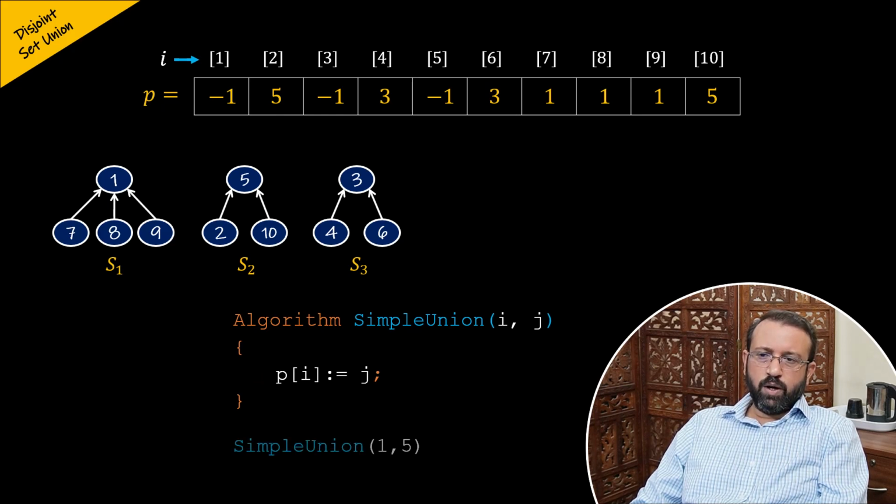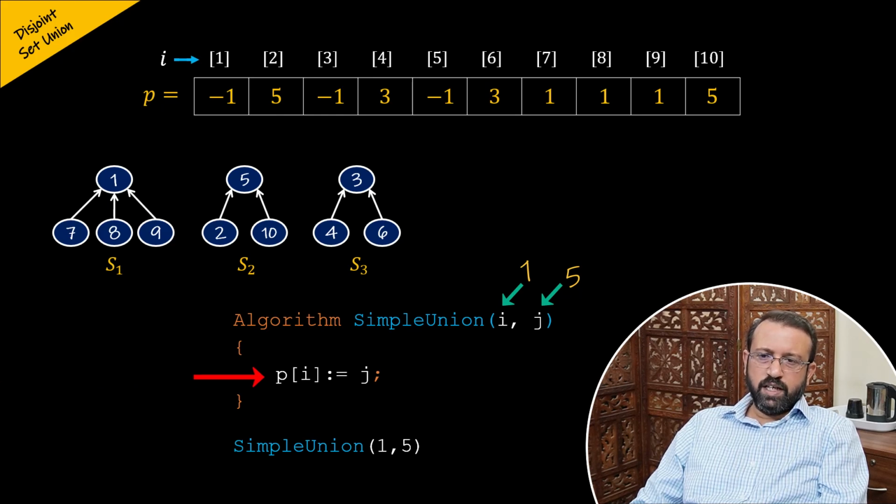For example, let us perform the union of sets S1 and S2. We will call the simple union algorithm passing the roots of the trees of the two disjoint sets S1 and S2. That is, we will call simple union and pass I as 1, which is the root of the tree of the disjoint set S1, and pass J as 5, which is the root of the tree of disjoint set S2. So here I is 1 and j is 5. Within the algorithm, we have the statement P of I assigned j.